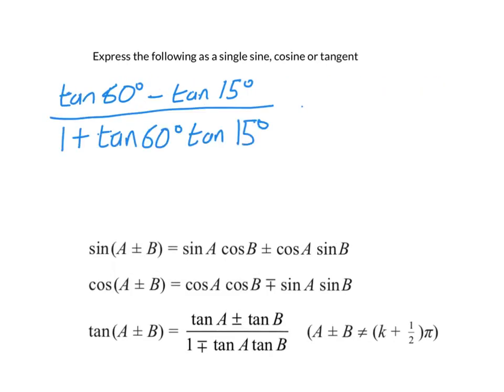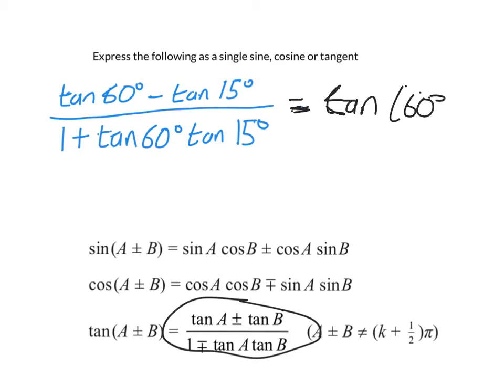Okay, it gets a bit exciting here because we're using tan. So we know this is going to be this one, but is it plus or minus? We've got minus on the top, plus on the bottom, so we are taking away the angle. So it's going to be tan of 60 minus 15 degrees.